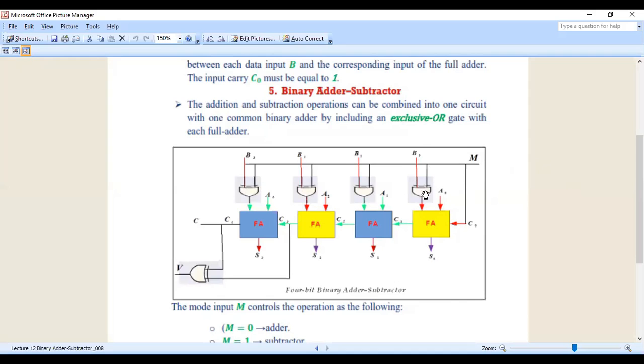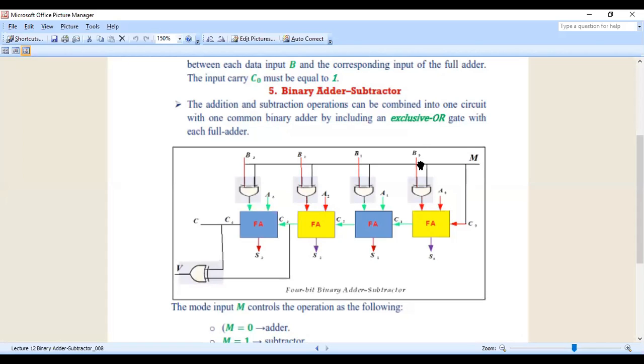So what is the exclusive OR operation? Can anyone respond? When both inputs are the same, the output will be 0.